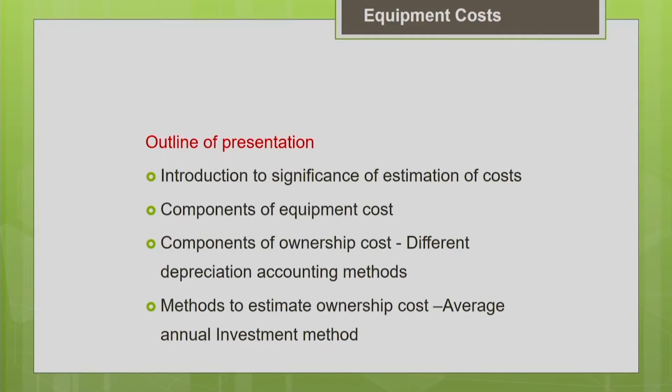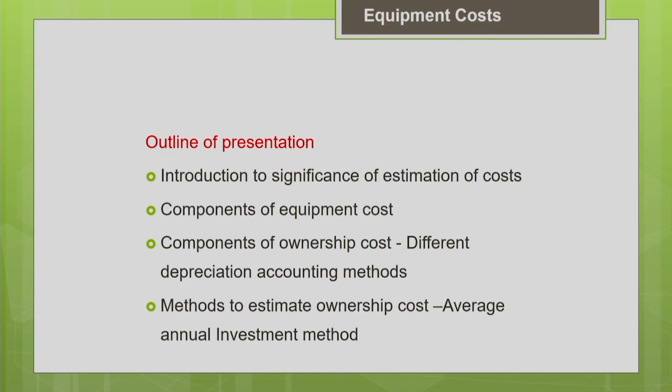We found the difference between the different accounting methods, and we also discussed how to switch over from one depreciation accounting method to another to get the benefits of higher depreciation, or to match the estimated book value at the end of the useful life of the machine with the salvage value of the machine. Okay. So what are the advantages of switching over from one depreciation method to another, we have also discussed so far.